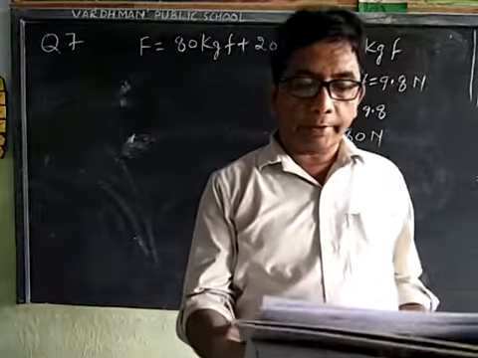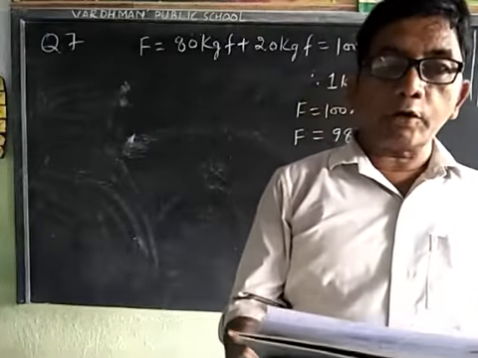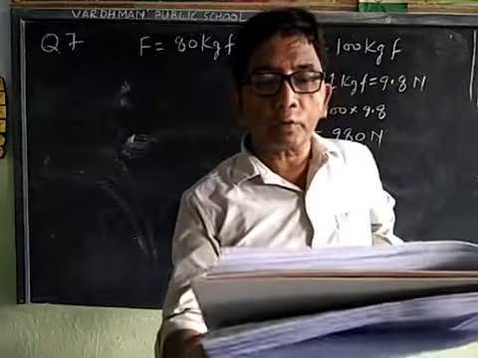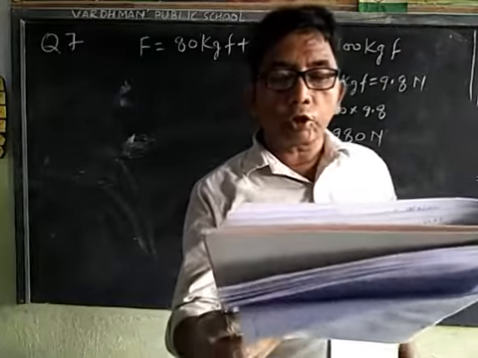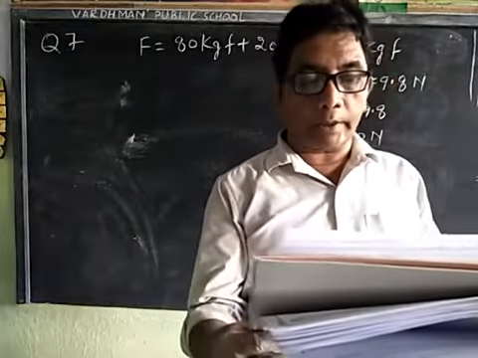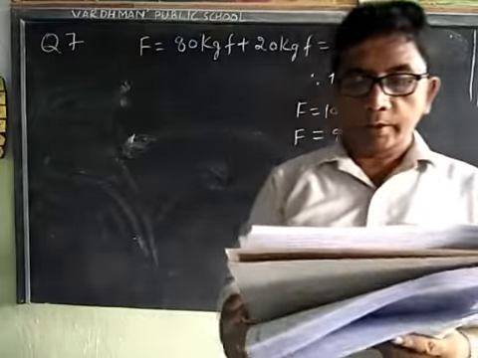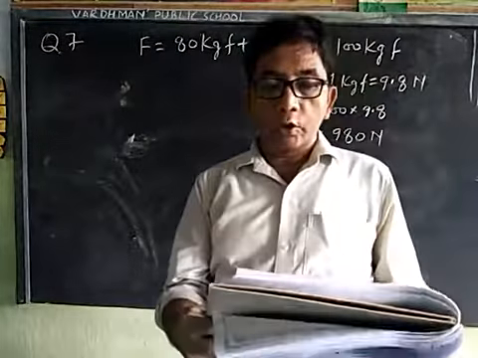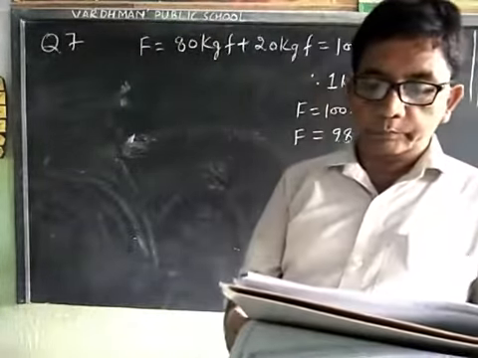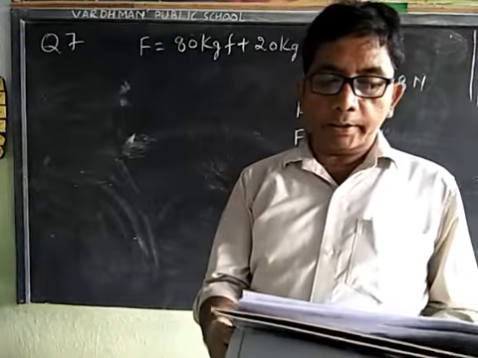A man weighing 80 kilogram force carries a stone of 20 kilogram force to the top of a building of 30 meter height. Here height is 30 meter. Calculate work done by him.